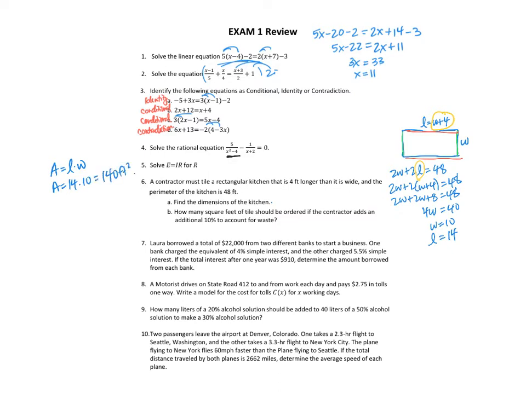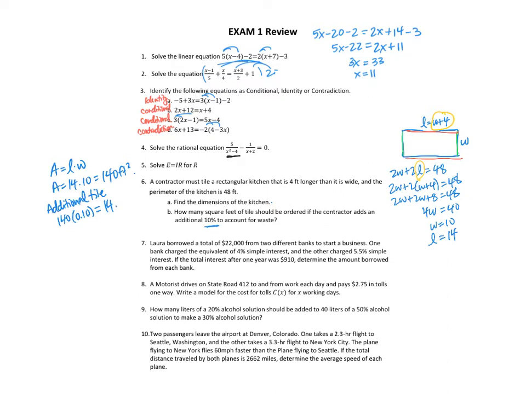And then I want to add an additional 10% of that 140 square feet. So to find the additional tile, I want to find 10% of 140. So I'll multiply 140 by 0.10 to get 10%, and that's 14.